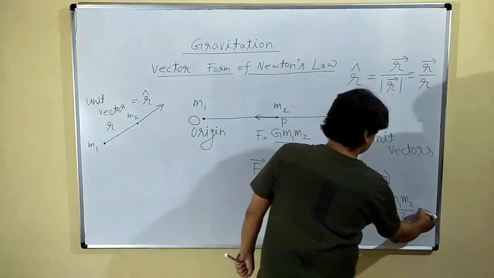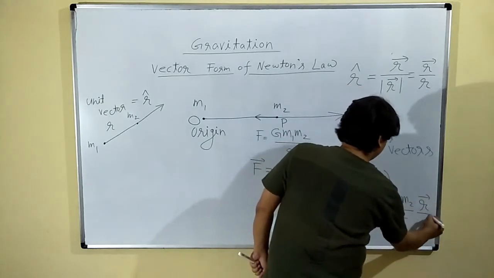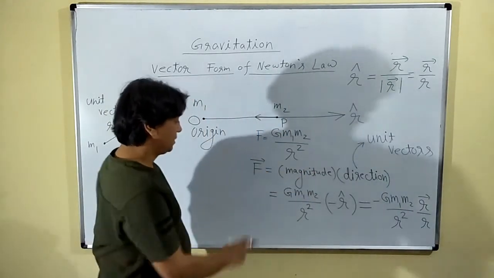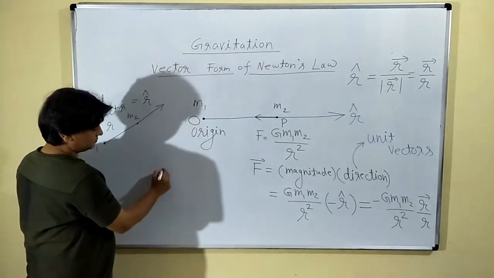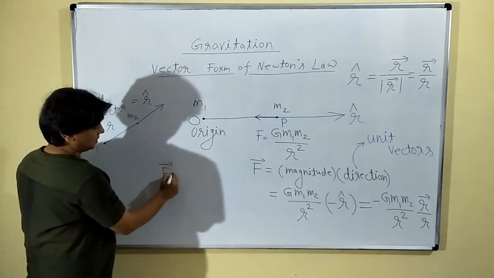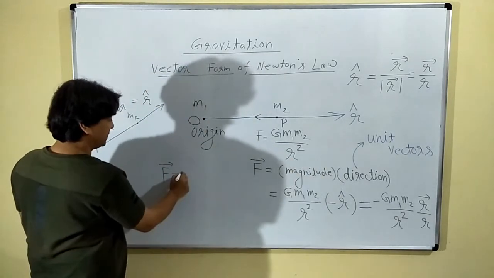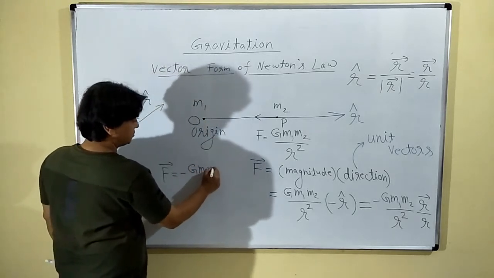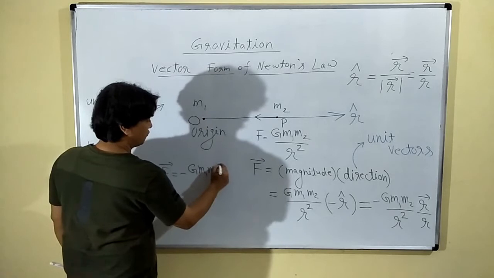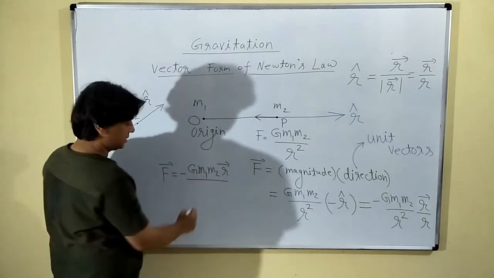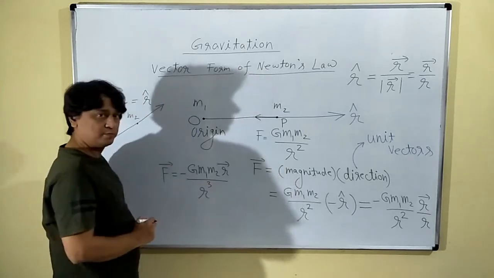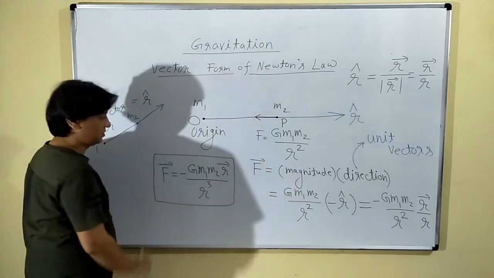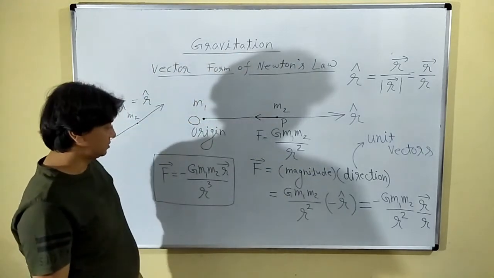R vector divided by r, which means now F can be represented in this form: minus of G m1 m2 r vector whole divided by r cube. This is the vector representation of Newton's law of gravitation.